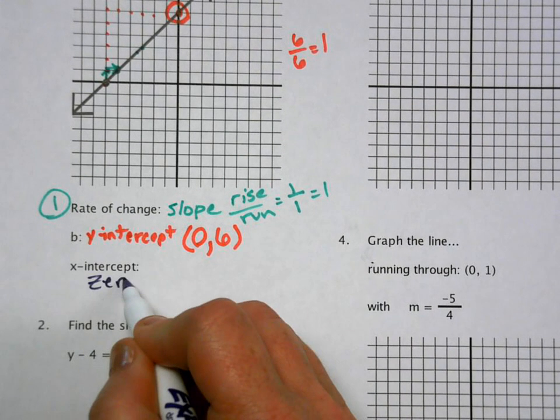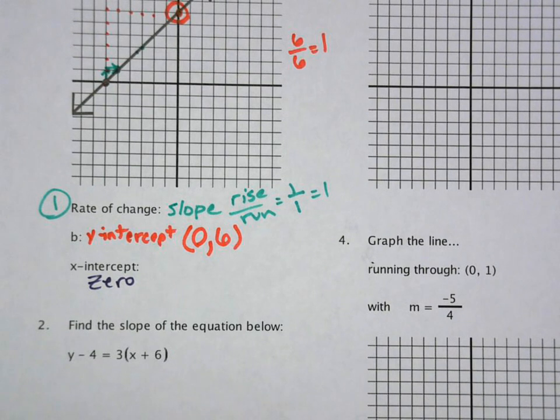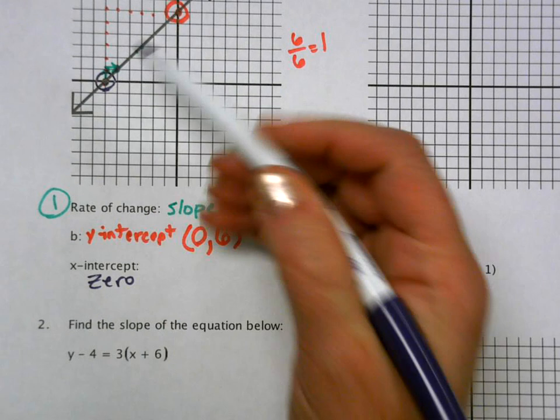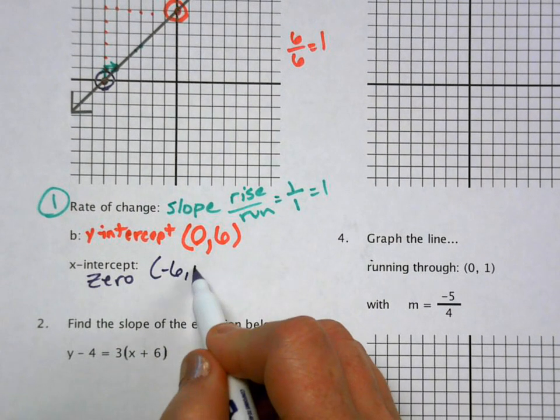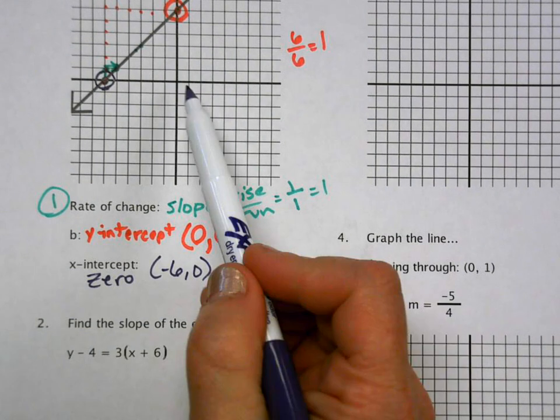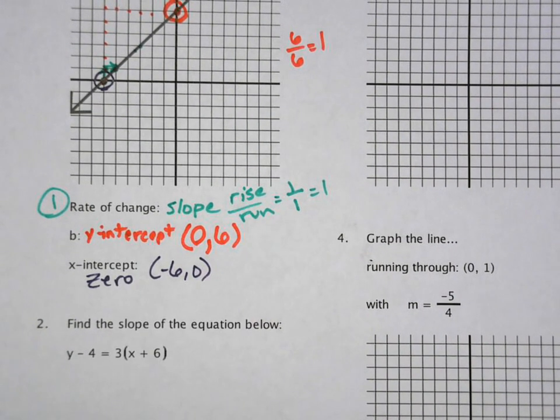Okay. So if it asks you for the 0 or it asks you for the x-intercept, it's asking you for the same thing. So what is my x-intercept? Negative 6, 0. Why is it negative, Noah? Because we're going backwards from the origin.